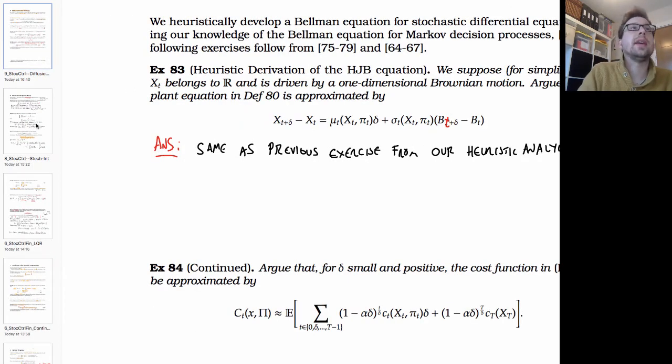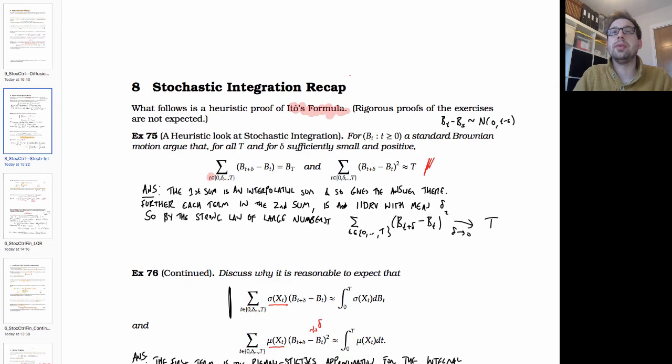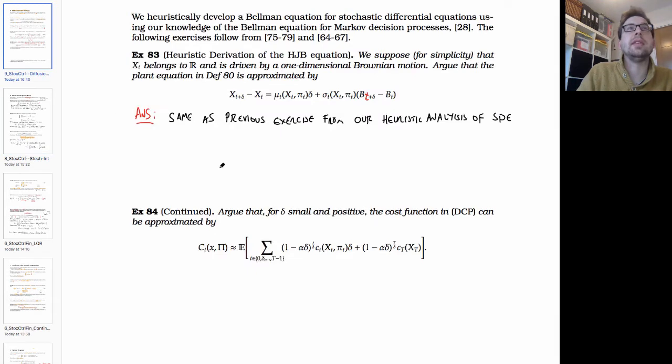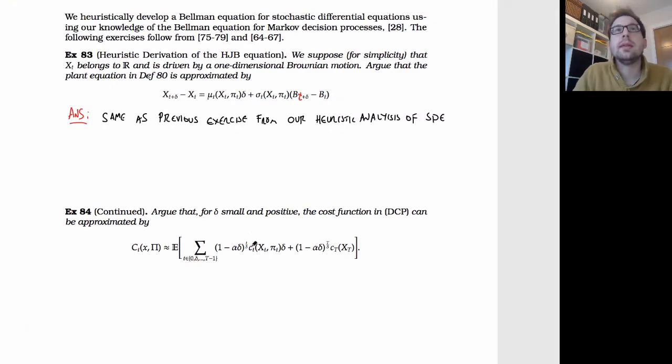When we were looking at stochastic differential equations just before stochastic integration, note that we had this exercise here, exercise 77. So what we're looking at now is essentially the same thing. This is essentially the same argument as exercise 77.